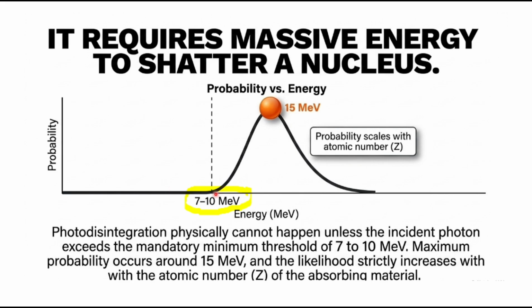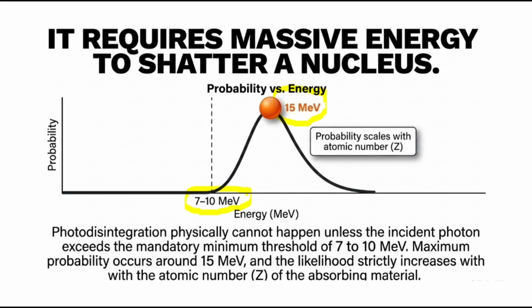But once we cross this threshold, the probability rises rapidly. Look at the orange peak in the center of the graph. The maximum probability for photodisintegration occurs right around 15 mega electron volts. Now we should also remember the target rule.